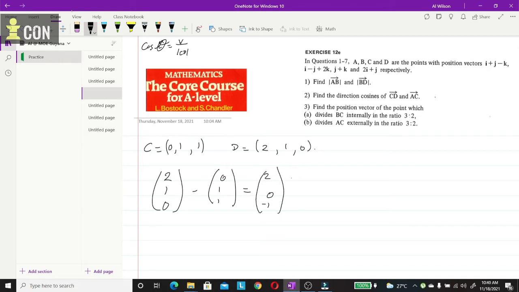So remember, this is I, this is J, and this is K. So moving on now, we're looking for the modulus of CD. So we're going to have 2 squared plus minus 1 squared, which is going to give me the root of 5.